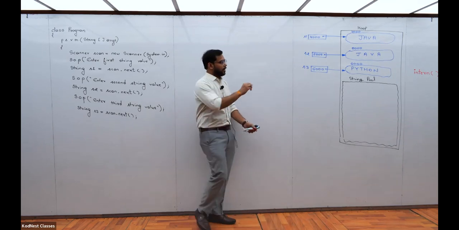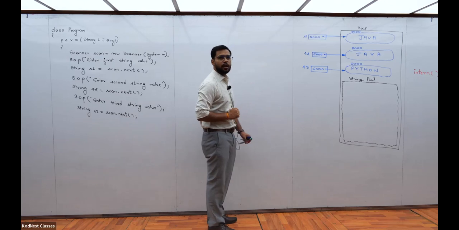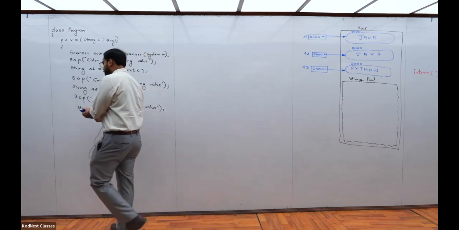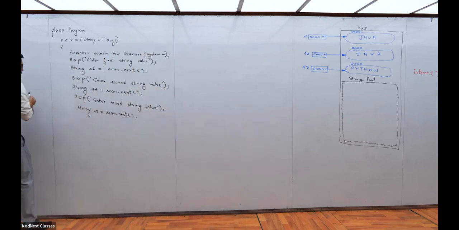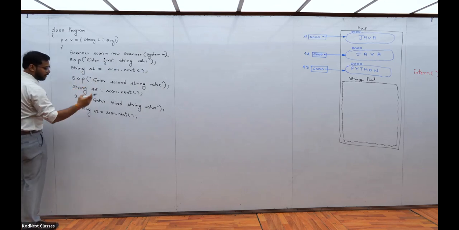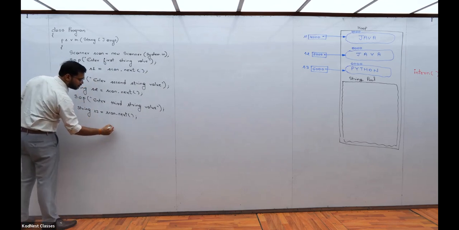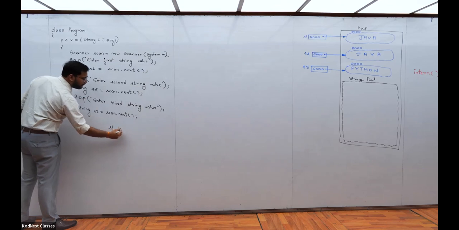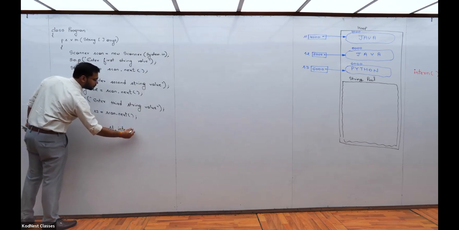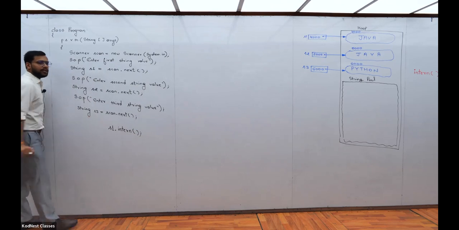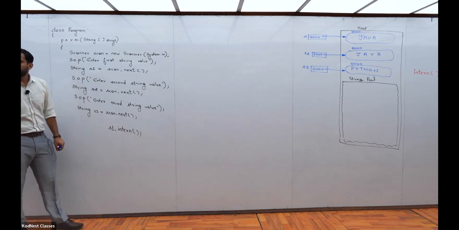So how do you have to use that intern method? You have to use it something like this. For this s1 string, I will mention s1 dot intern. If I write s1 dot intern, what is it going to do?